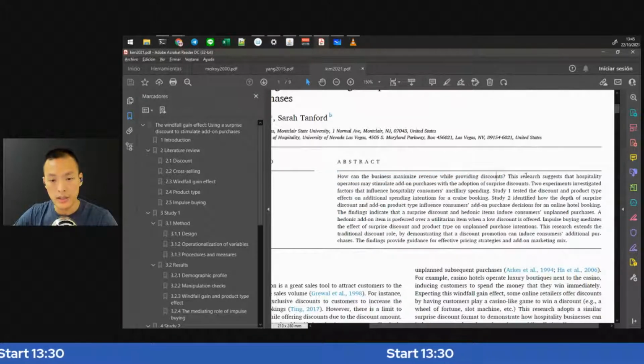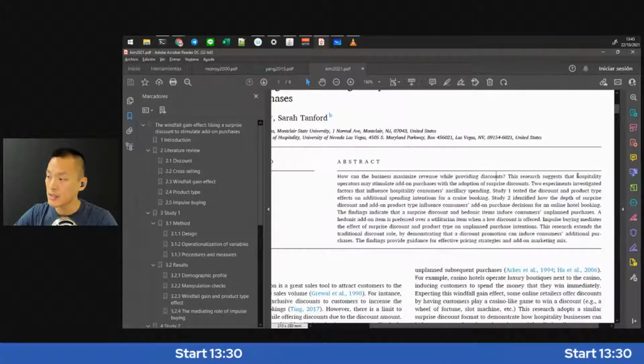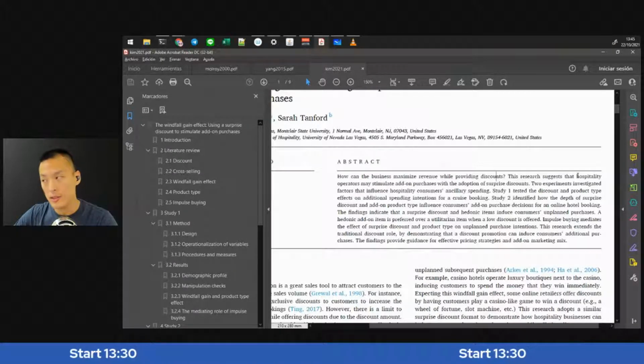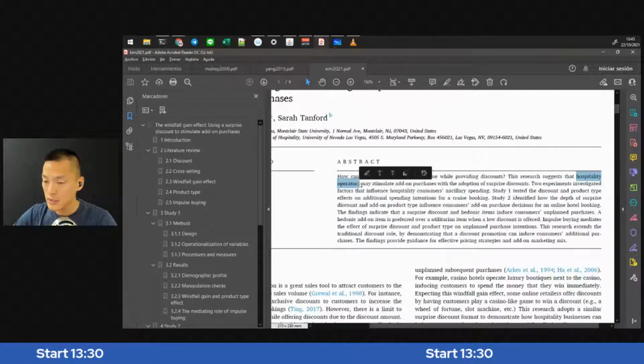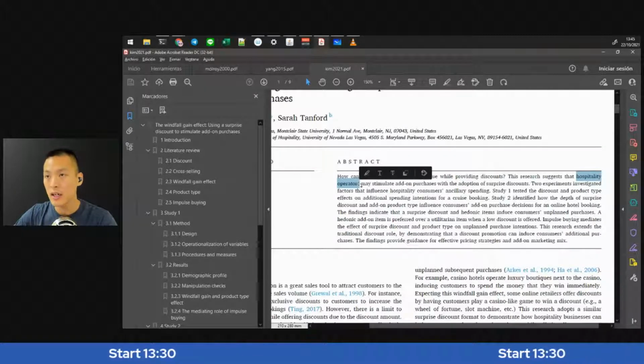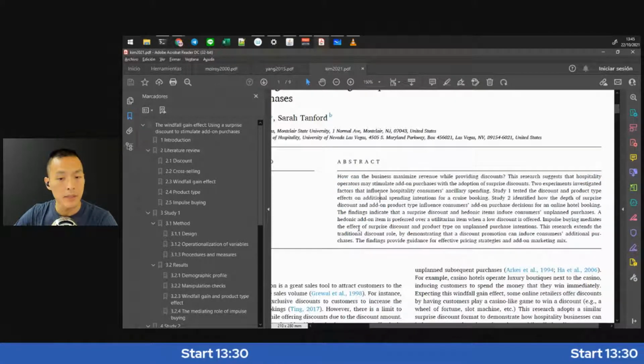Okay. And then it says the research suggests that hospitality operators, so just from the first two sentences, you know immediately that this research project is only applicable to hospitality operators. So probably hotels, motels, guest houses, airlines maybe, cruise lines, stuff like that, rental homes.